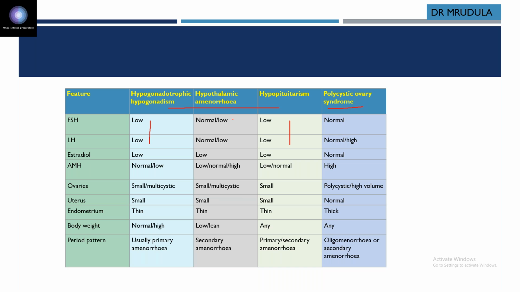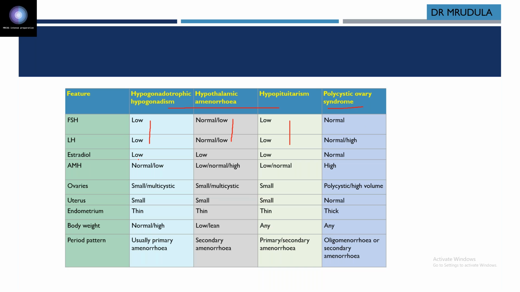The only thing is that in hypothalamic amenorrhea, they will be either normal or low normal, not very low. While in PCOS, they can be normal or LH can be high. FSH and LH will be decreased in hypopituitarism, while in hypothalamic amenorrhea they may be normal or low normal.